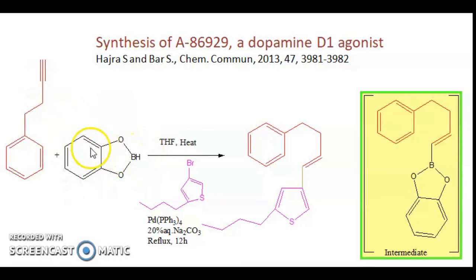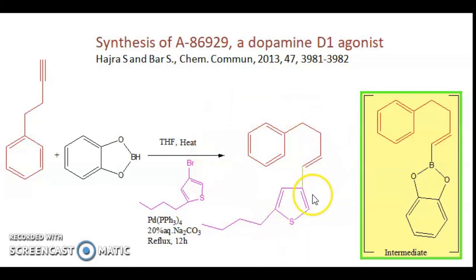These two come together to form this intermediate over here. Another organoborane is formed, and this intermediate and this hetero compound couple together to form the dopamine D1 agonist A86929 compound.